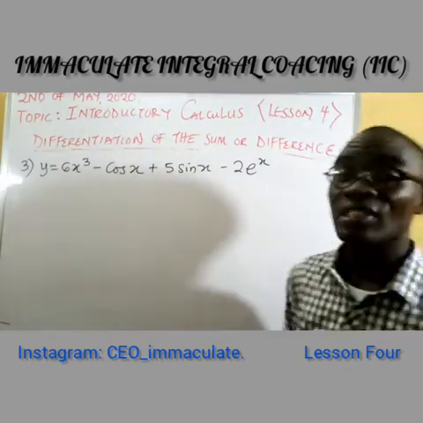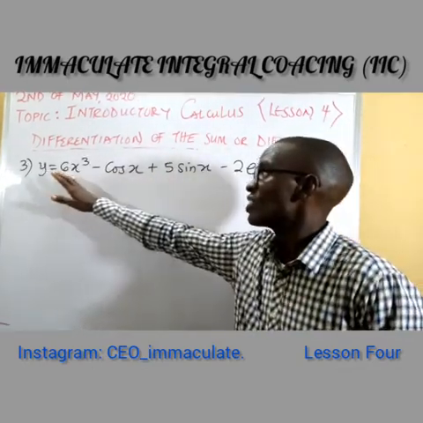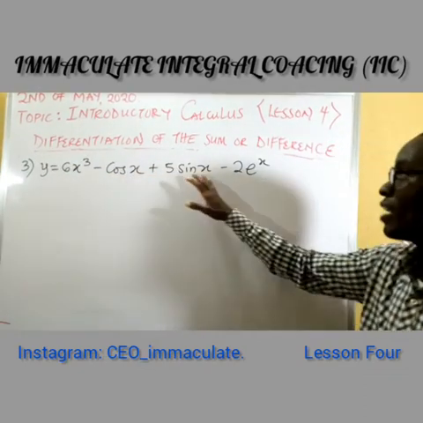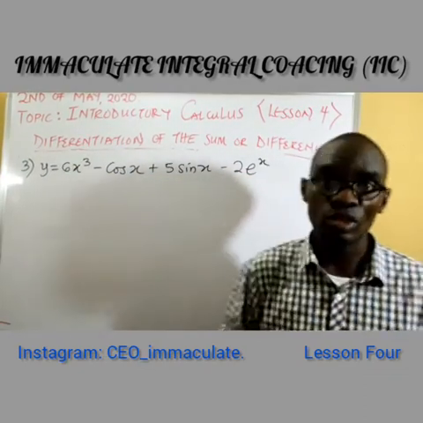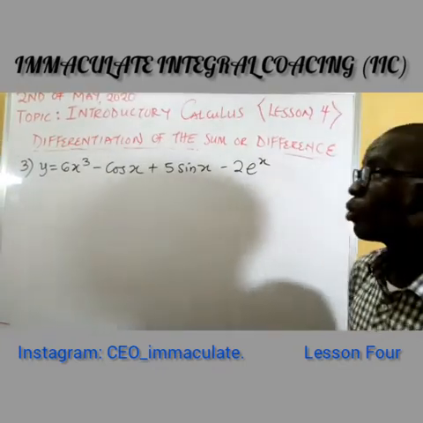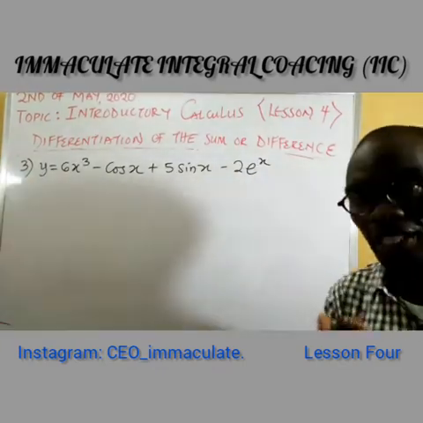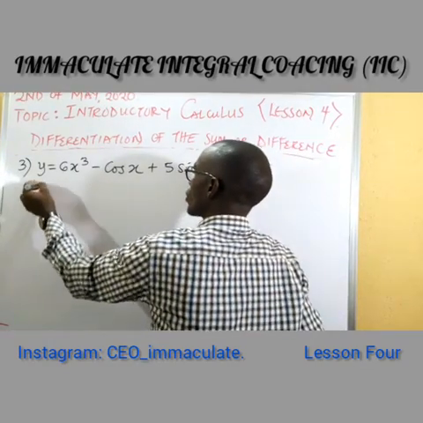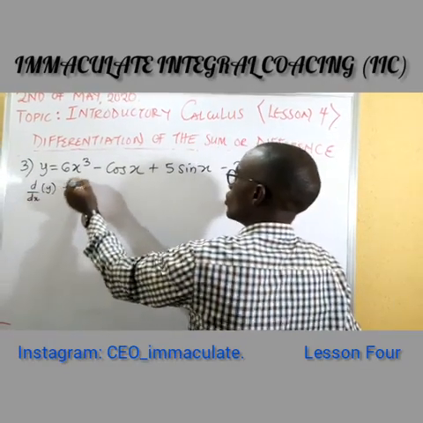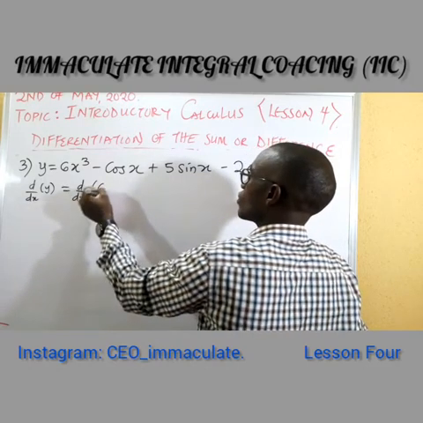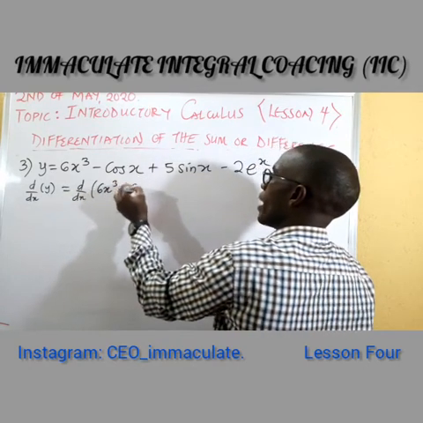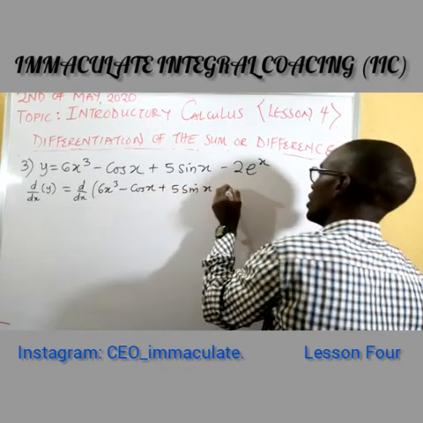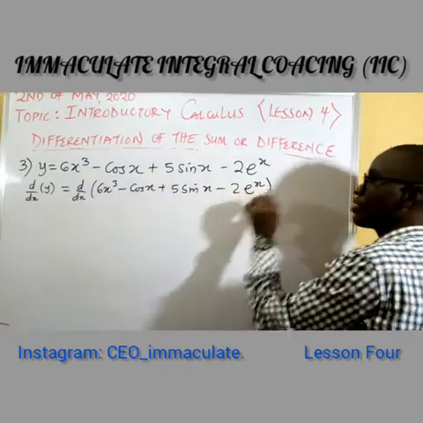Consider the third example: y equals 6x cubed minus cos x plus 5 sin x minus 2 e to the power x. What I need to do is multiply by d over dx. So d/dx of y equals d/dx of 6x cubed minus cos x plus 5 sin x minus 2e^x.